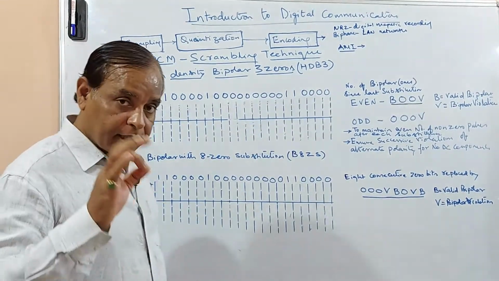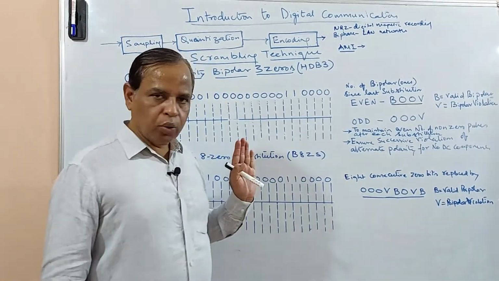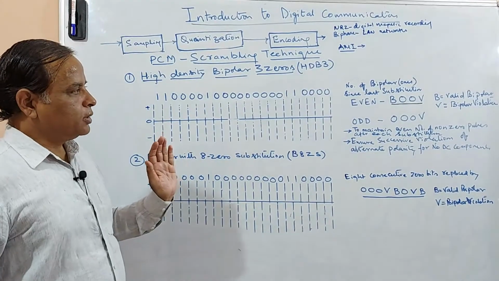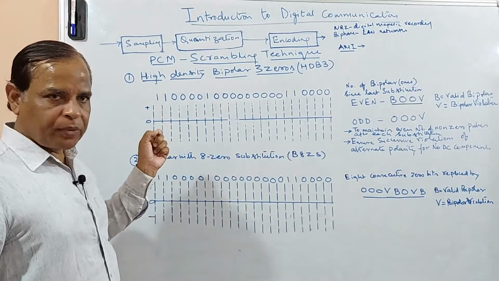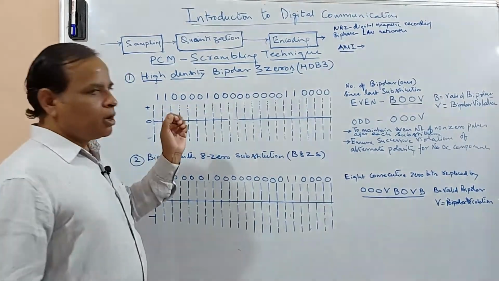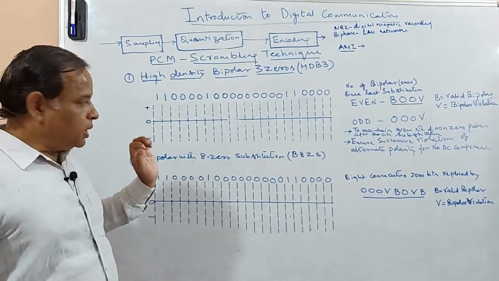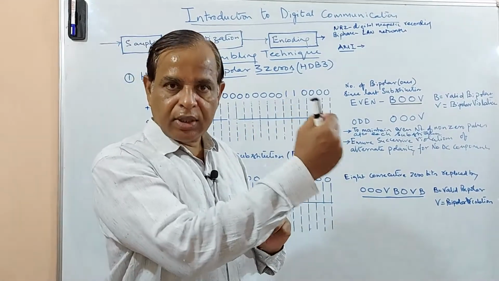Another very important thing is, after following the rules, at some particular time you may find that if these bits were originally replaced with the AMI scheme, one may be positive or maybe negative, whatever the case may be, and after implementing the scheme, you find it may not match with the AMI scheme.